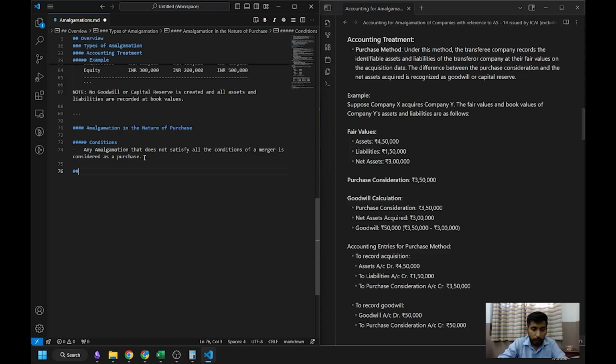Then we'll talk about the accounting treatment. Here we will follow the purchase method.